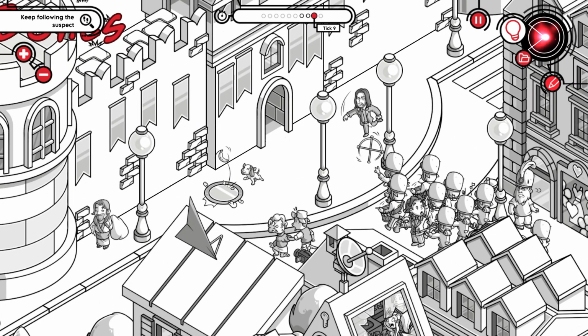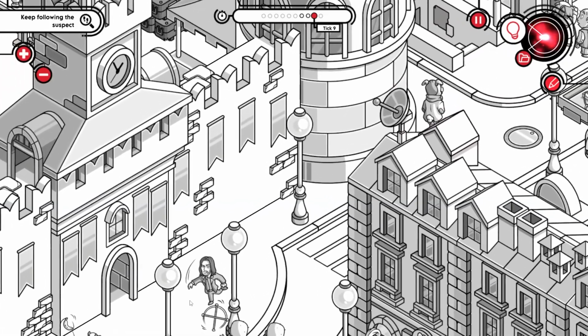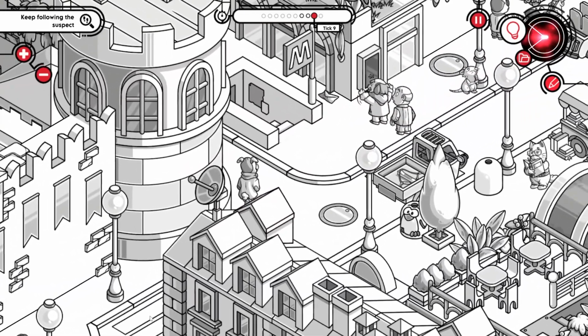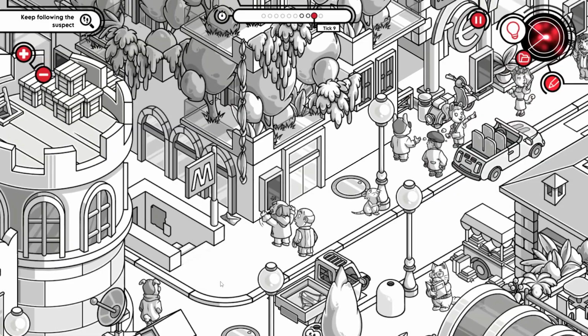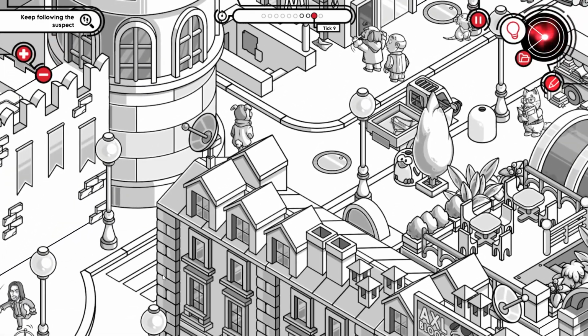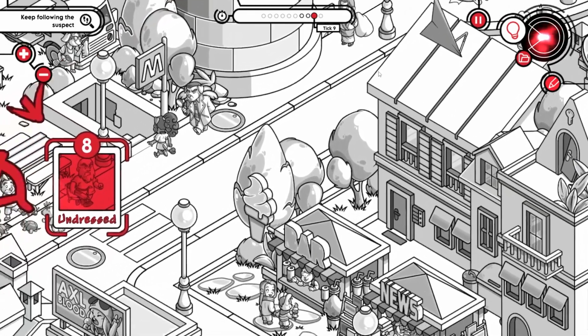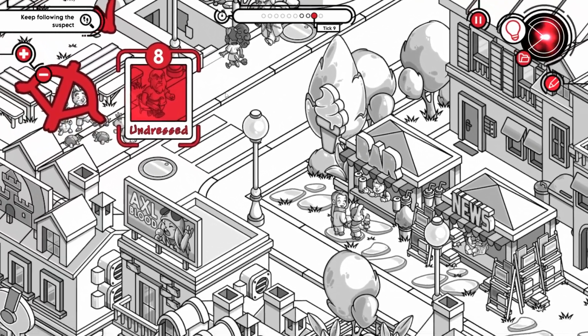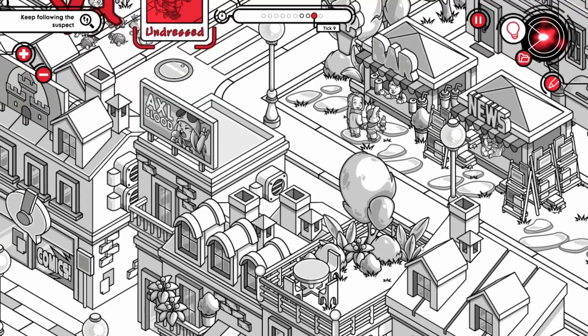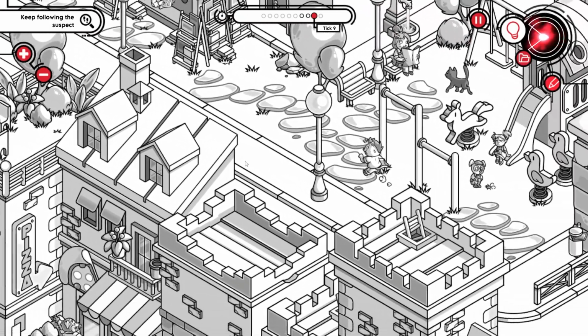Is that John Wick right here playing with the cute fluffy dog? I would think he would have gone this way, right?